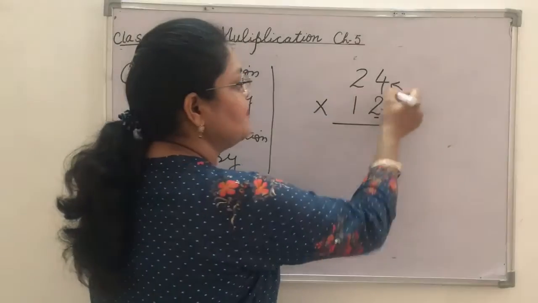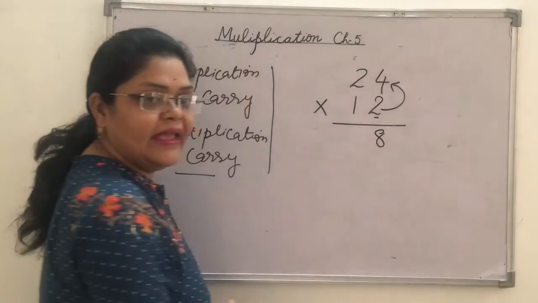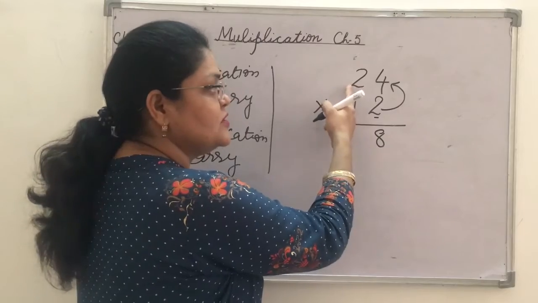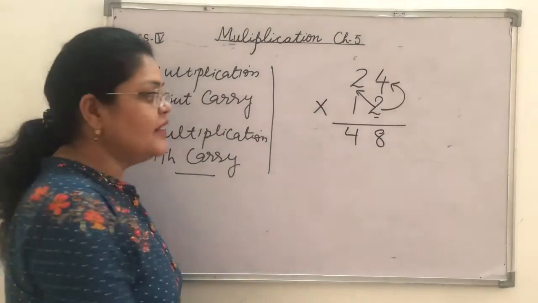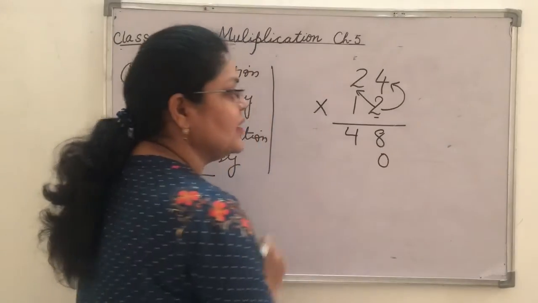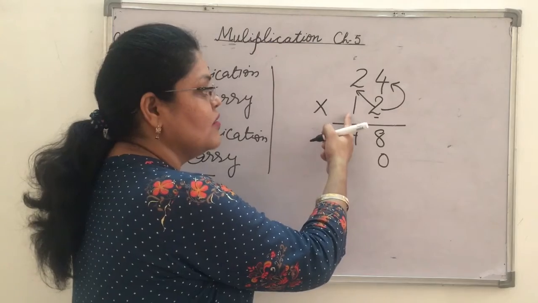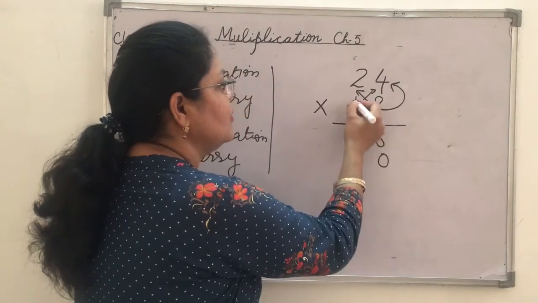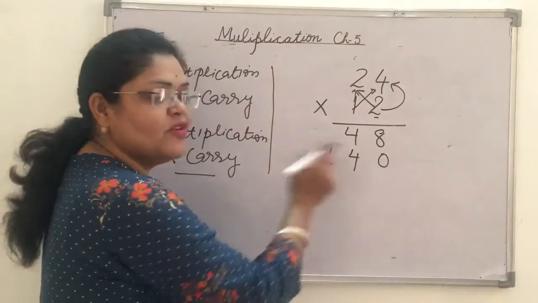First you multiply 2 with 4. 2 4s are 8. Next, you multiply 2 with the next digit of the multiplicand. 2 2s are 4. After that, you put 0 here, and next you take the second multiplier digit, 1. You multiply 1 with 4, and 1 4 is 4, and 1 2 is 2. The 2 will come in front because we have put 0 here.